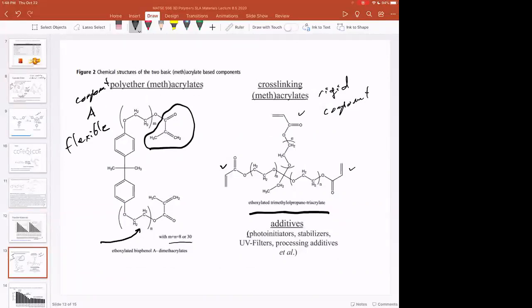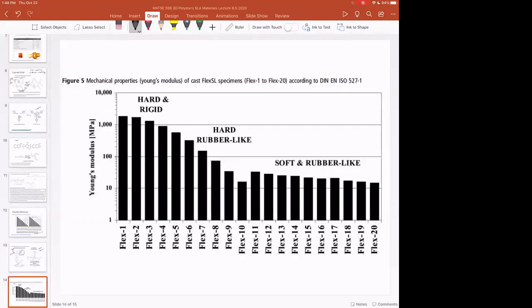By mixing the rigid and flexible components, you can get a bunch of different mechanical properties that they demonstrate here.